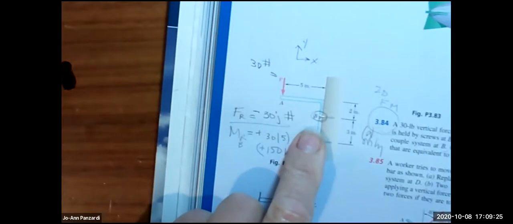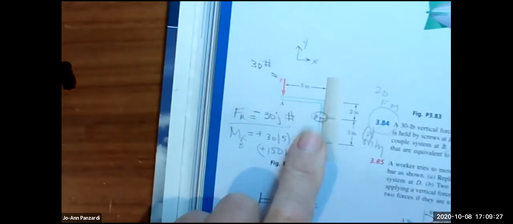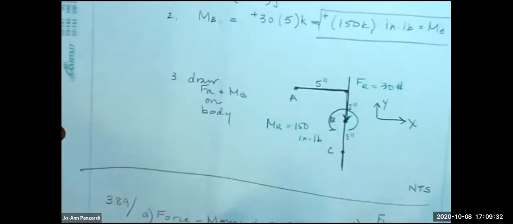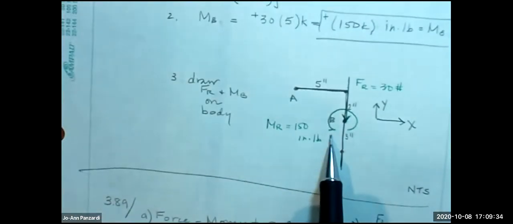So the picture that is given, 30 pounds away from B, is trying to cause the same linear and rotational motion as my equivalent force moment drawing here.